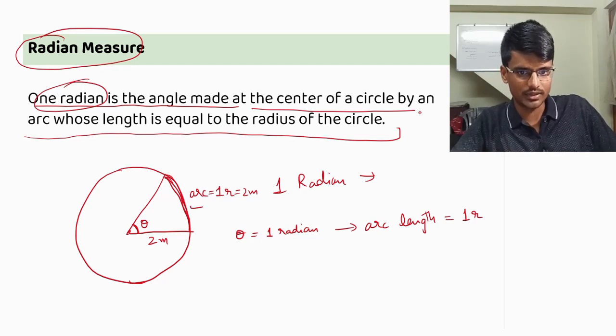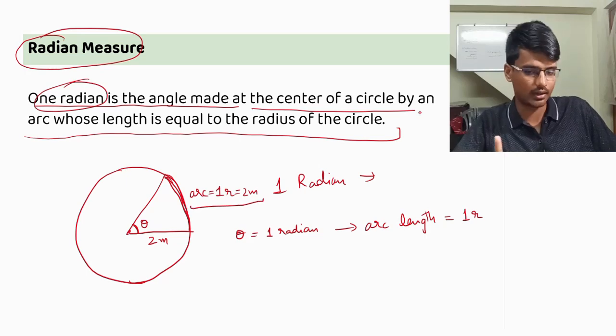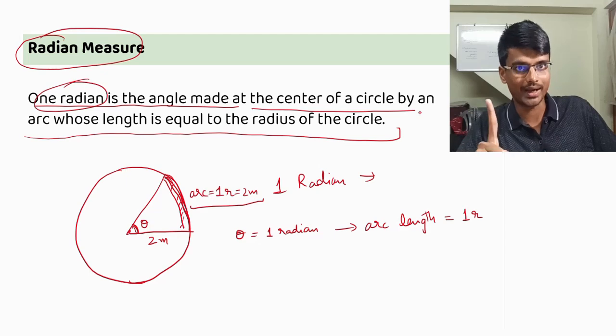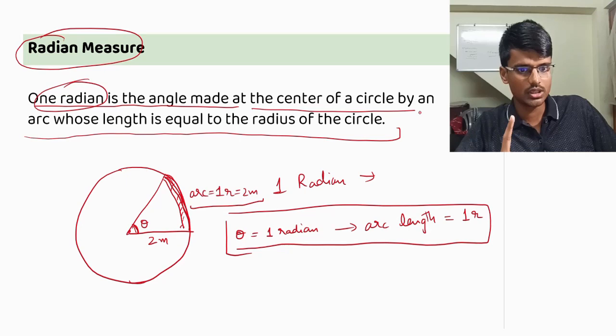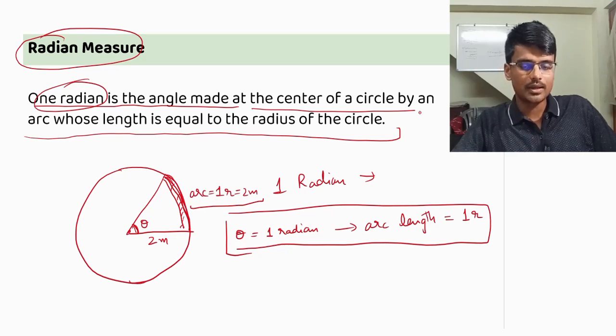I'm writing it as 1 r, or just r. Say in this case it is 2 meters, because the radius of the circle is 2 meters. Whatever the angle it subtends for this particular arc, that is called 1 radian. Very important. So we get 1 radian when an arc of length equal to the radius, whatever angle that it subtends, is called 1 radian.